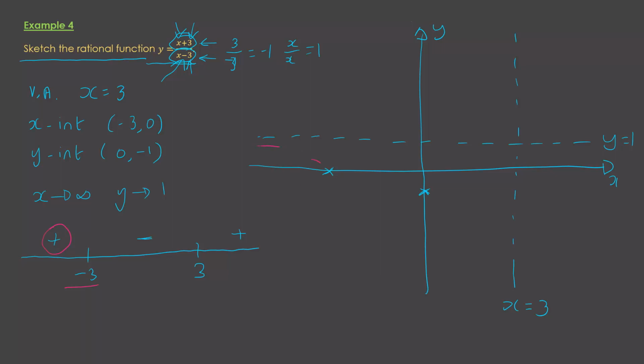So it's going to come in from the asymptote, and then it's going to go through this point, and then it must go off down this asymptote. When we look to the right of x equals 3, we can see that it is positive. So it must be up here and do something like this.